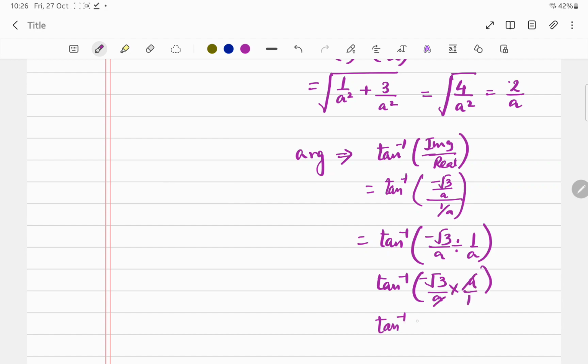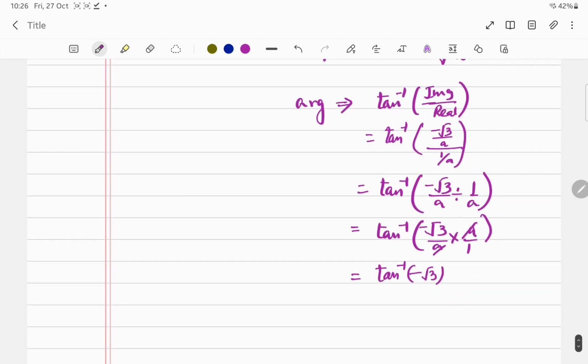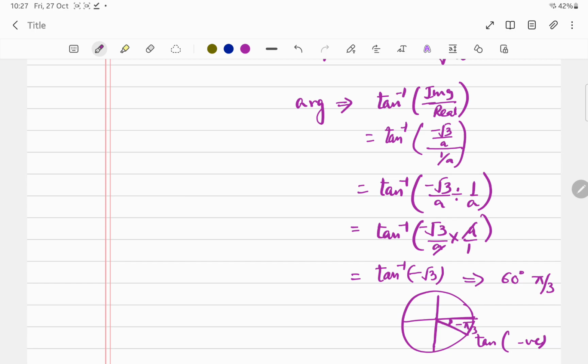Cancel, tan inverse of minus root 3. We know that tan inverse of root 3 is 60 degrees, or pi over 3, but that is for the positive. In your unit circle, in the fourth quadrant, tan is negative, so this angle is minus pi over 3.